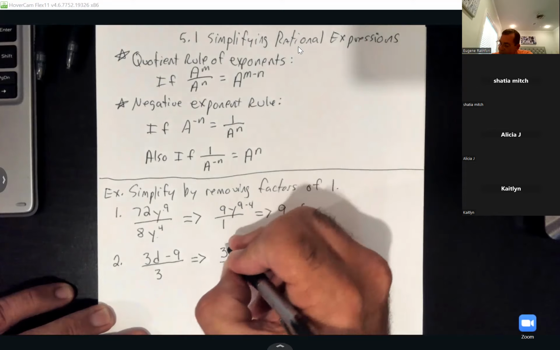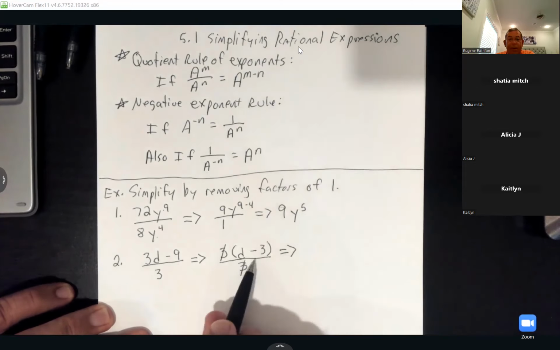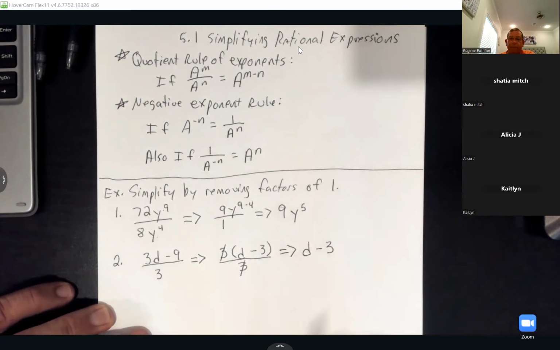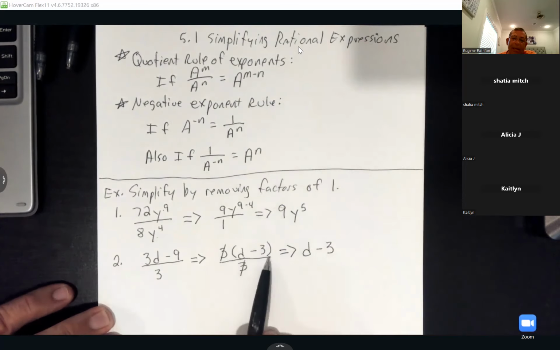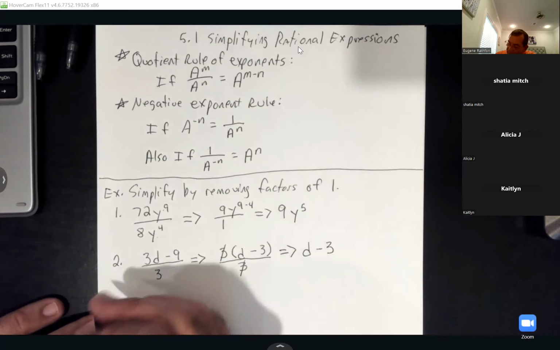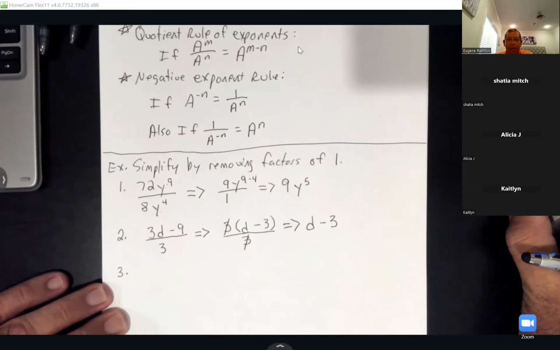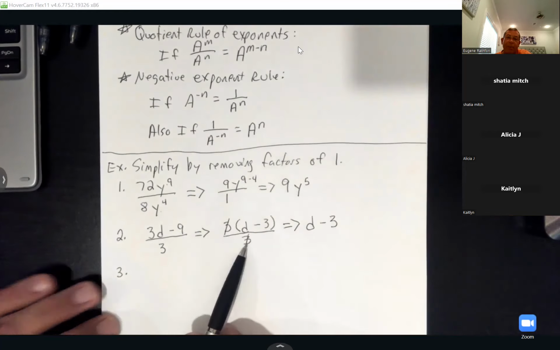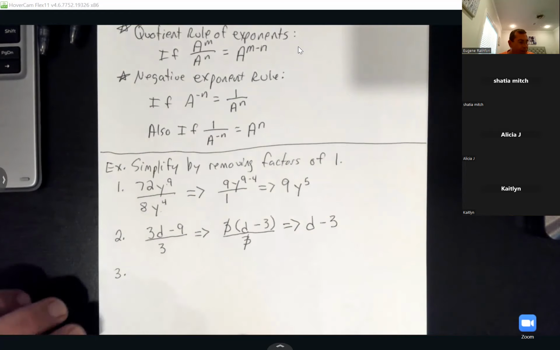Those 3's will cancel out, leaving us our final answer of d minus 3. And y'all, since that's all that's left, I don't have to keep that in my parentheses. And this is what they mean by removing factors of 1, because 3 divided by 3 basically is 1. So you're removing that factor, okay?